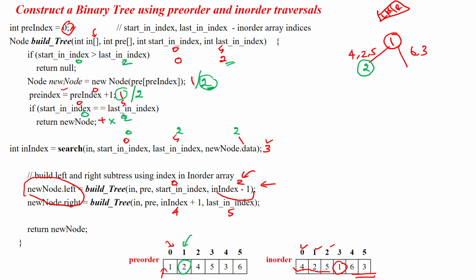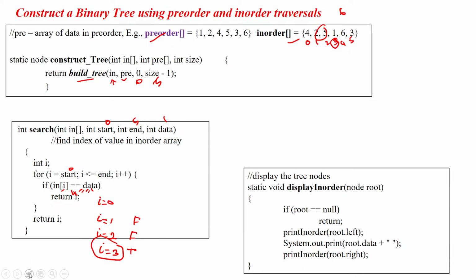Now in the search function, in iteration number 0, inorder of 0 is 4. So 4 is not matching with 2. Here we are passing 0, end index 2, and data 2. So 4 does not match 2, which is false.